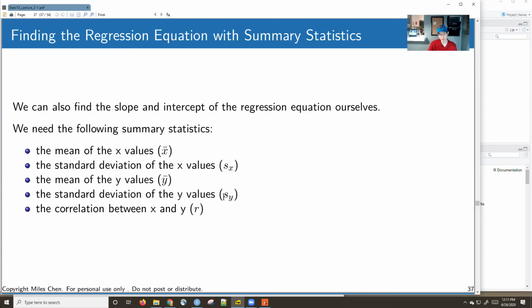The symbol for standard deviation is s, and then to indicate it's the standard deviation of y, we write s sub y. And then you need the correlation between x and y. Again, we glossed over this, but we said you just use the computer to find the correlation. We're not going to bother calculating the correlation by hand.